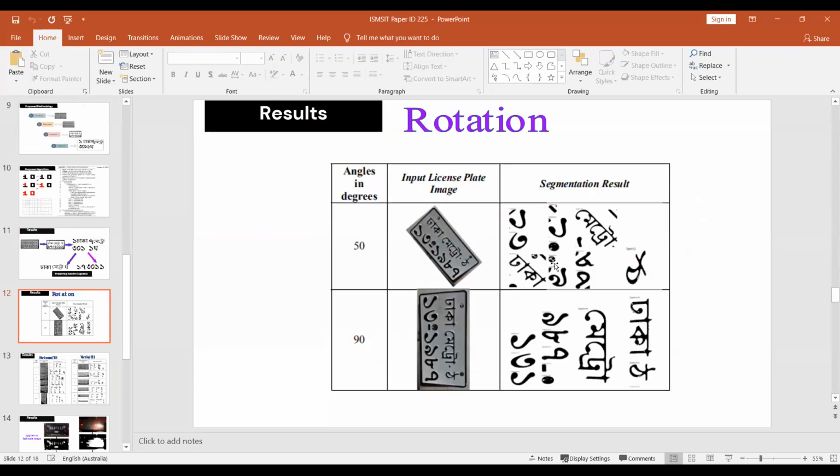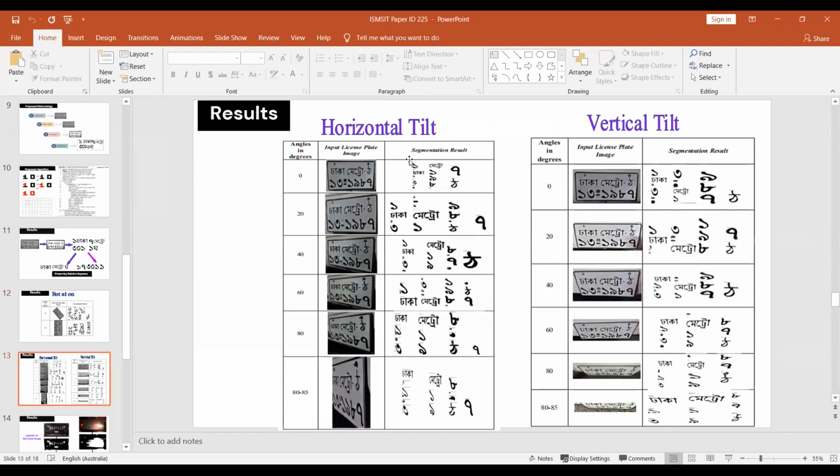We also tried different variations of the image. Here, the license plates are rotated. The first one is 50-degree rotated, the second is 90-degree rotated, but our algorithm was able to segment all the characters from the license plate. These are horizontal tilt images and vertical tilt images, and we tried different angles.